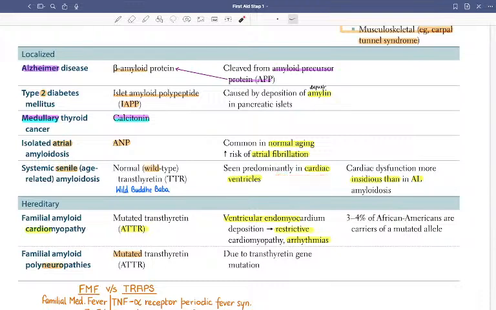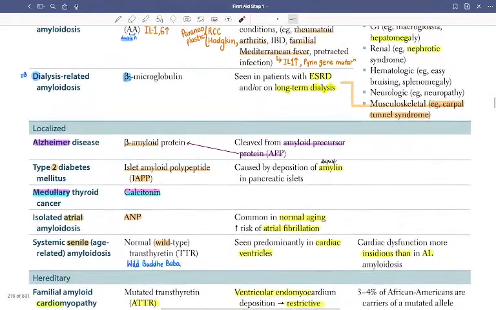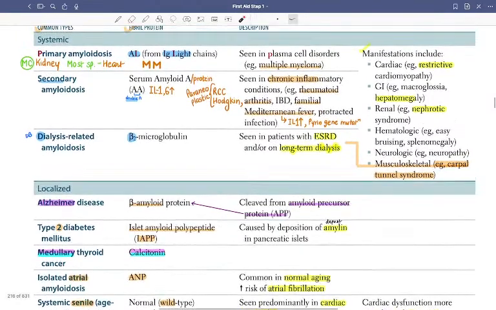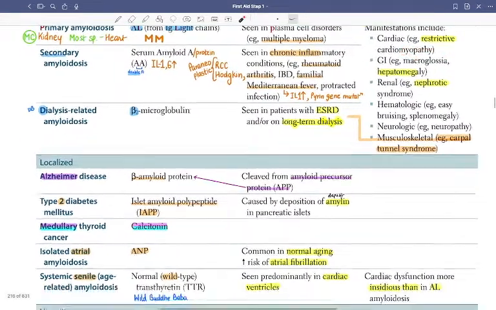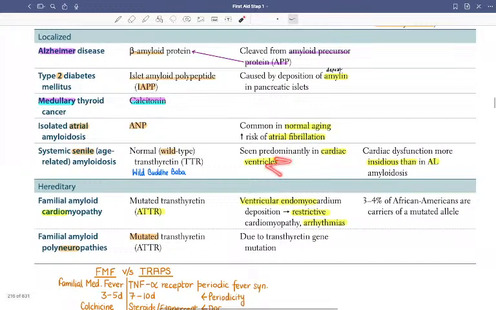There it was atria, as isolated atrial amyloidosis was atria; here it is cardiac ventricles. Cardiac involvement is more insidious than AL amyloidosis. There in AL amyloidosis, what did we have? Restrictive. Cardiac restrictive. The dysfunction is more because it is cardiac ventricles, senile.